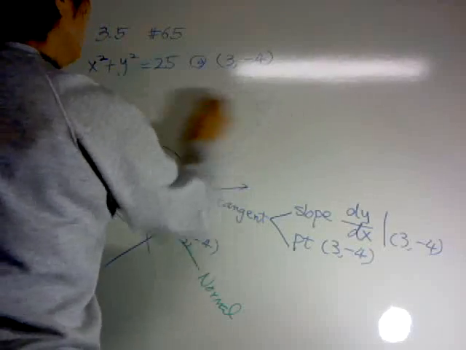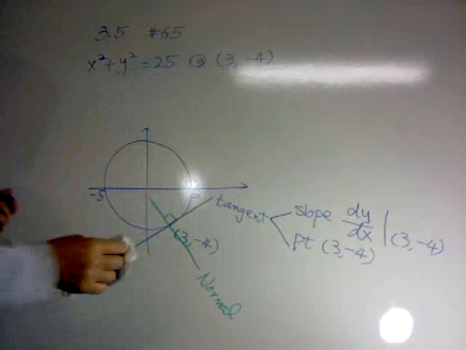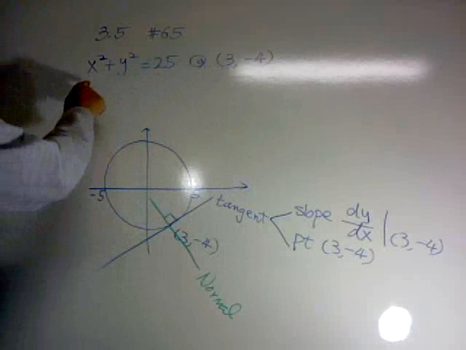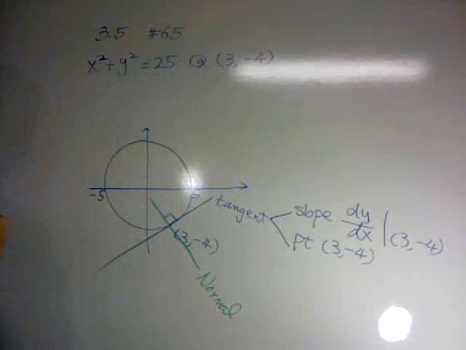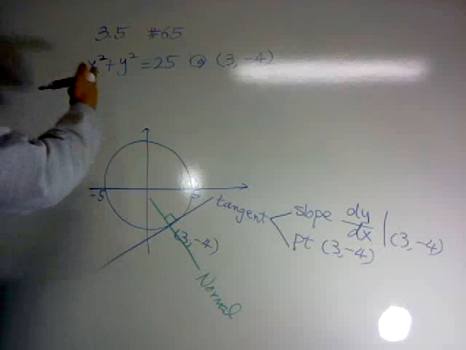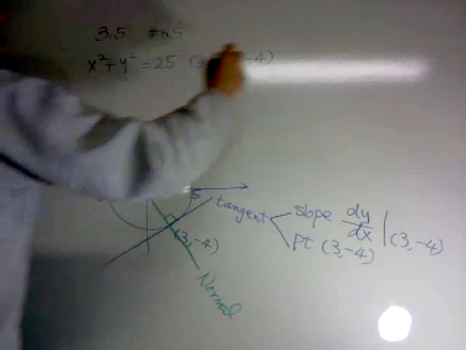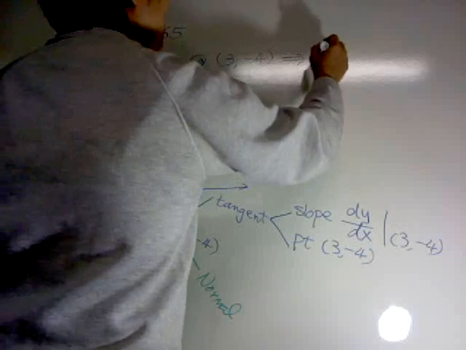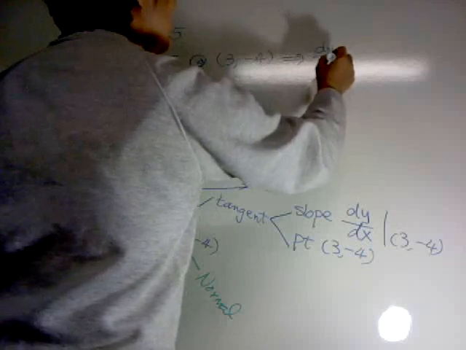So here we go. Here we have x and y, the two variables together. Therefore, we can tell this is an implicit function or implicit equation. We have to find dy/dx anyhow. So how are we going to find dy/dx?